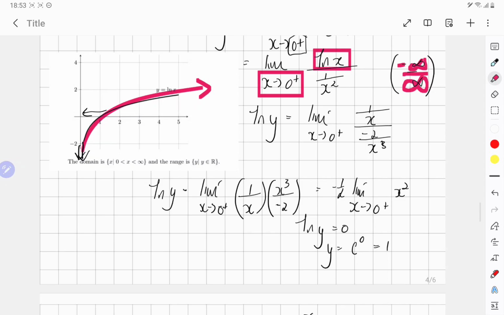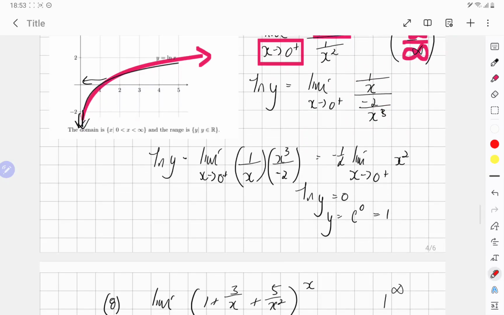So I derive again: my derivative of ln x, 1 over x. My derivative of 1 over x squared is negative 2 over x cubed. Now, before you carry on, remember I said a common mistake students make, they leave it like that and then check the limit, which can be complicated.